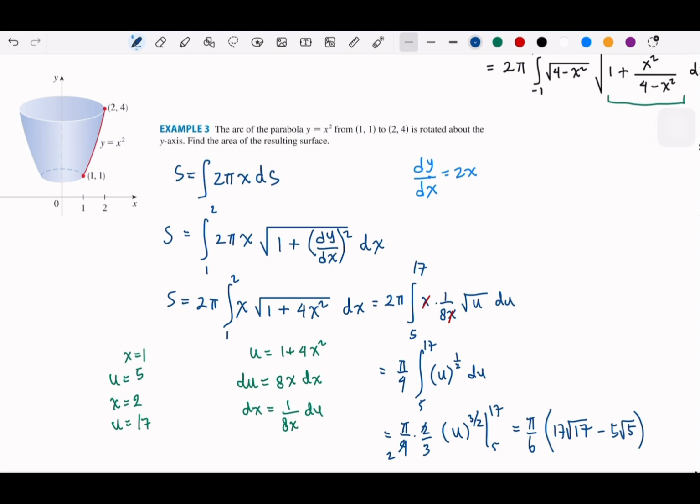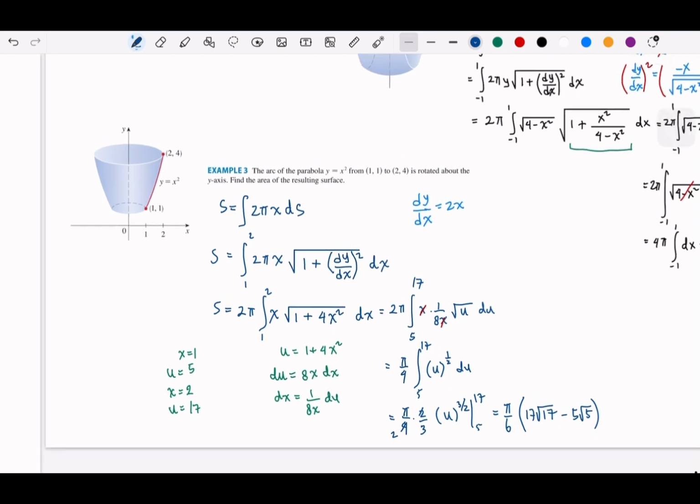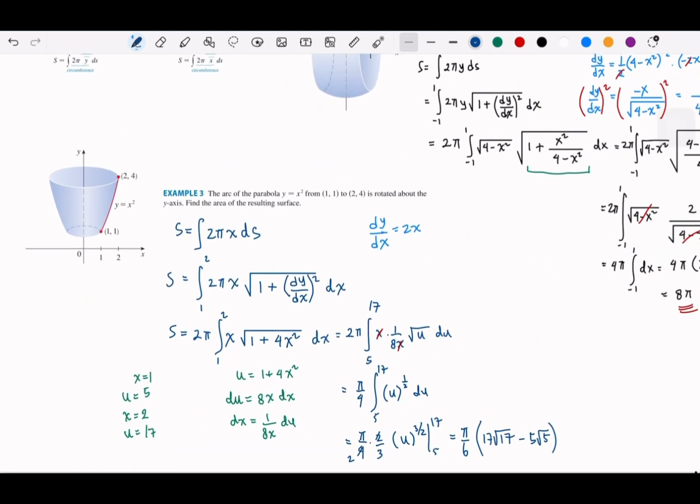Okay. Now, if you want to, maybe using a function of y, we can use x equals square root of y, and then change this dy dx to become dx dy. Let me just write a little bit here.